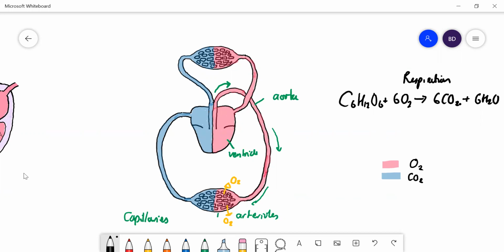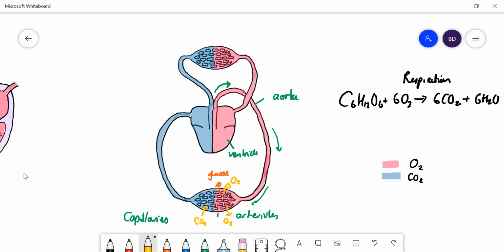So oxygen will diffuse out of the blood, and glucose will also diffuse out of the blood to provide the tissues with energy. That will also go down the concentration gradient. In the reverse direction, carbon dioxide diffuses from the tissues into the blood. That's why halfway through I've drawn the blood deoxygenated, and it's blue.